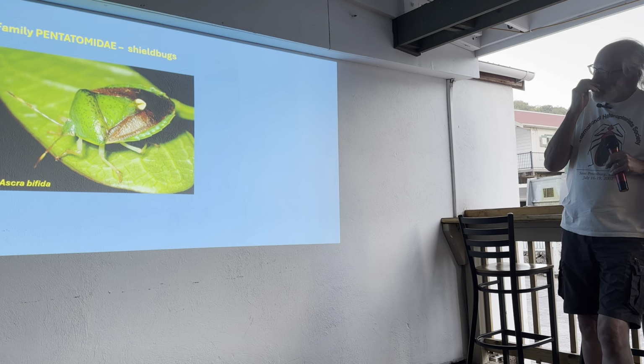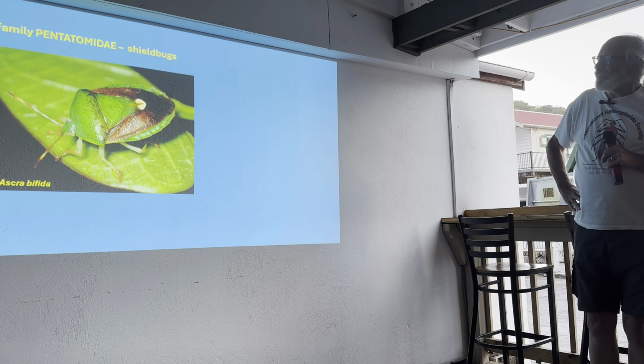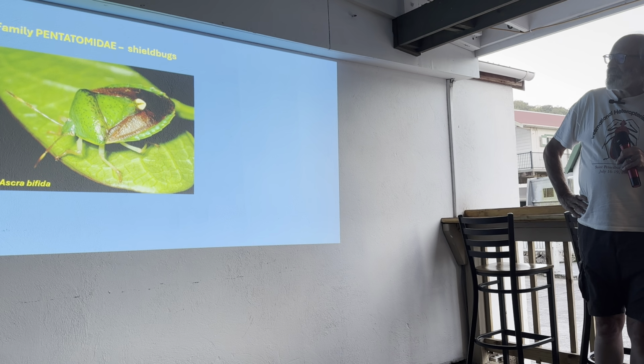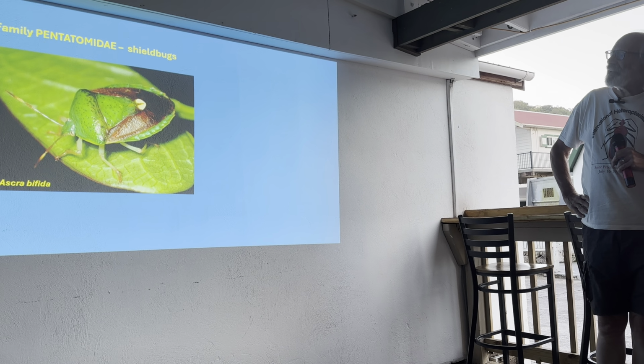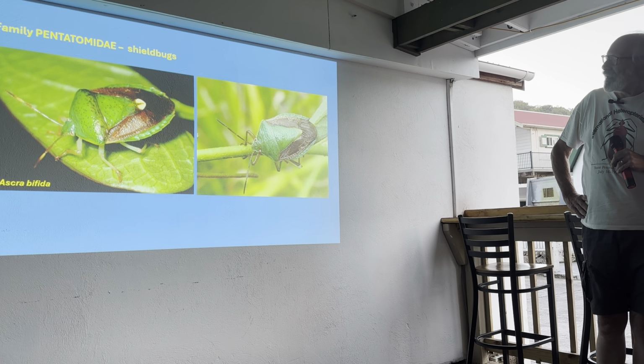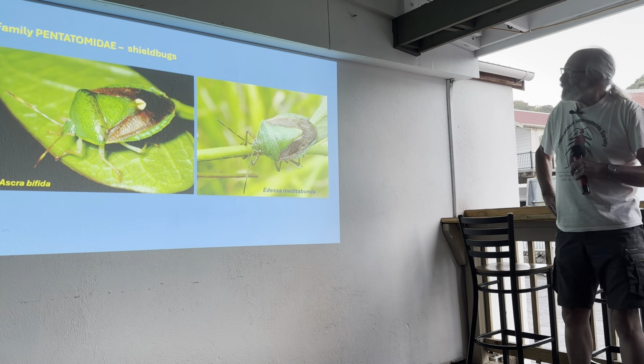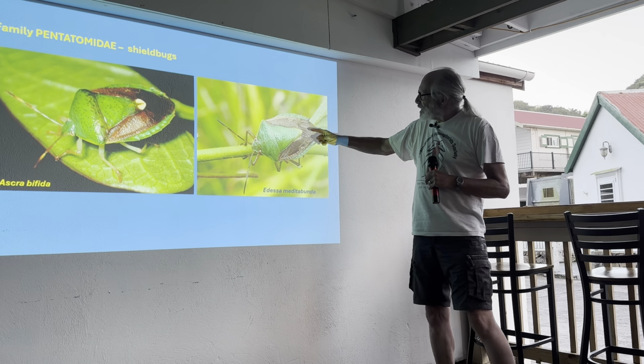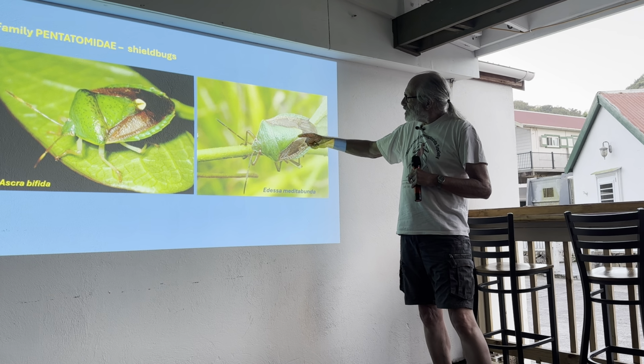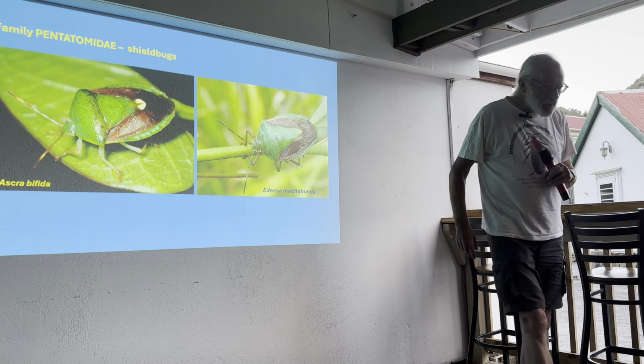Another one, a very beautiful species, Ascra bifida. Next one. A lookalike, Edessa meditabunda, but different, mainly because it lacks the yellow point of the scutellum. Next one.